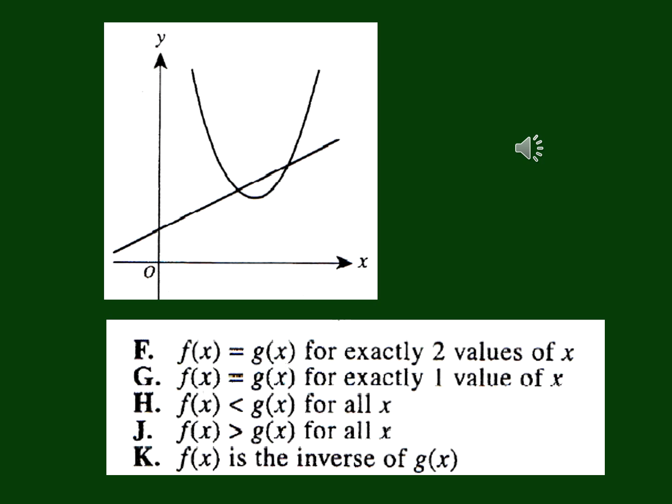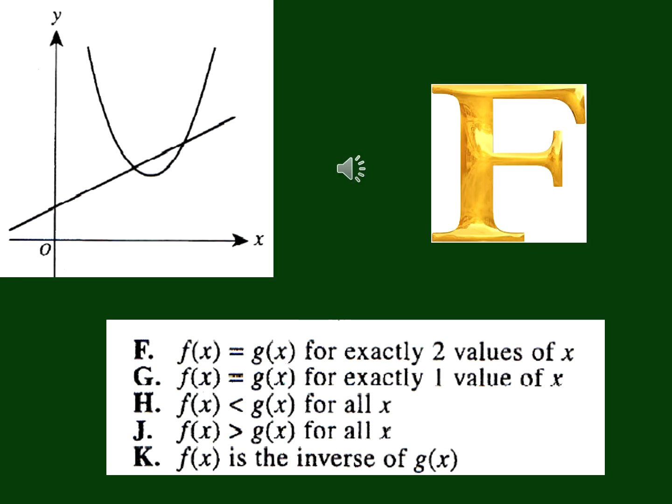And that's why it's not H and J. Inverse is not this problem. What you would have is things that are turned 90 degrees if you did that, and that's not what's going on here. So in this problem, the 2 graphs touch twice. That's why they're equal for exactly 2 values.